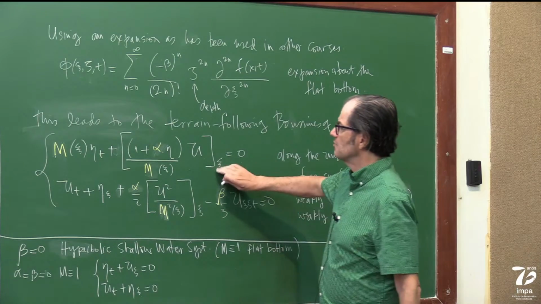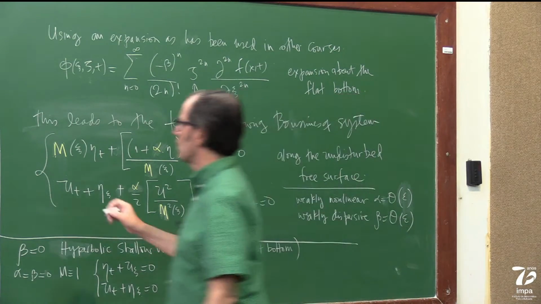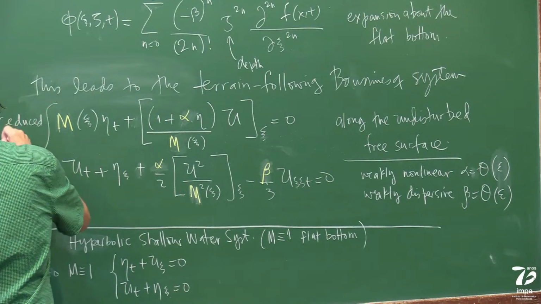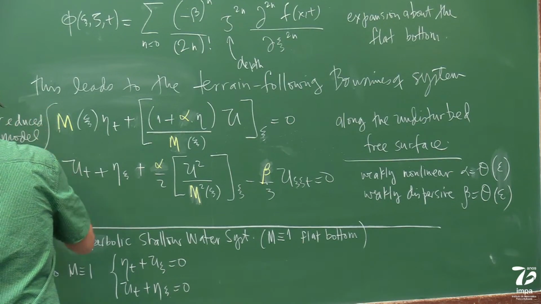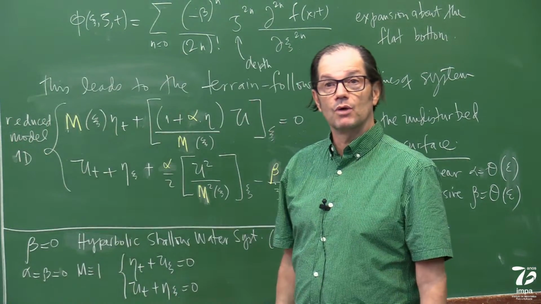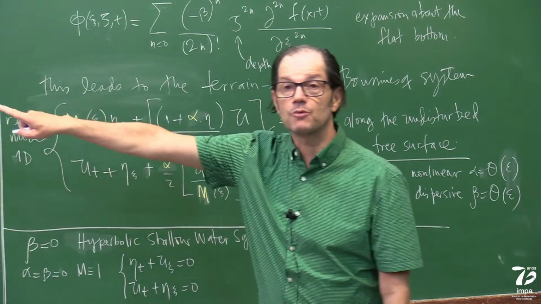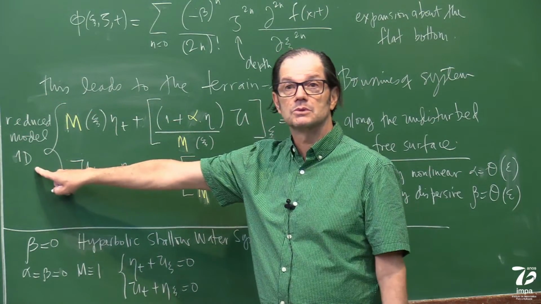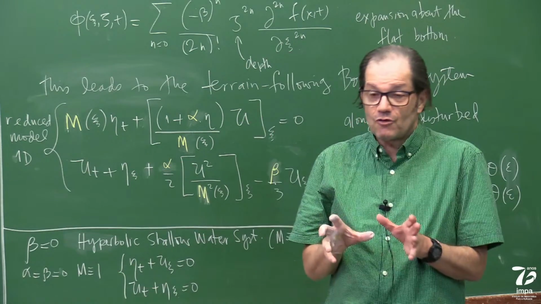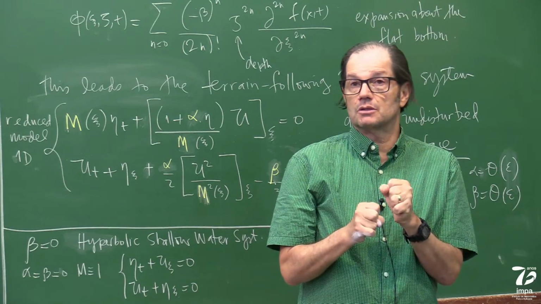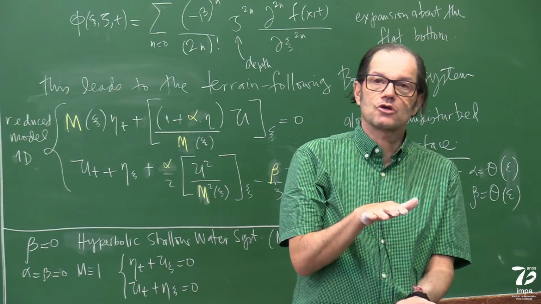So this is a simplification. This is our reduced model, which is 1D. We started with a 2D problem, and we have a 1D problem. So where have I mathematically put the information of the vertical structure of the problem?